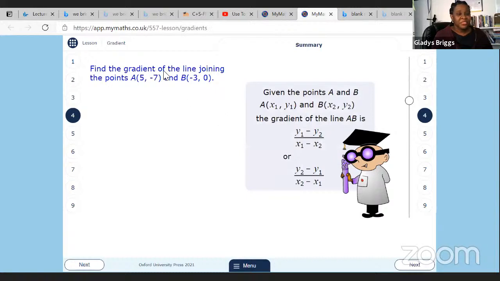But now, to find the gradient of the line joining the points, you just have to know the formula, and that's the one that you need to write now. Once you know the 2 points, you can apply the formula, so write down the formula. And of course, you needed to have written the heading, finding the gradient of a line.